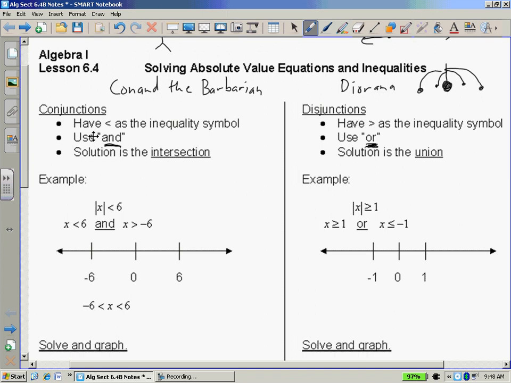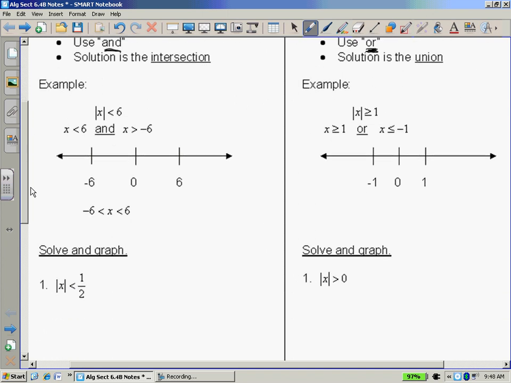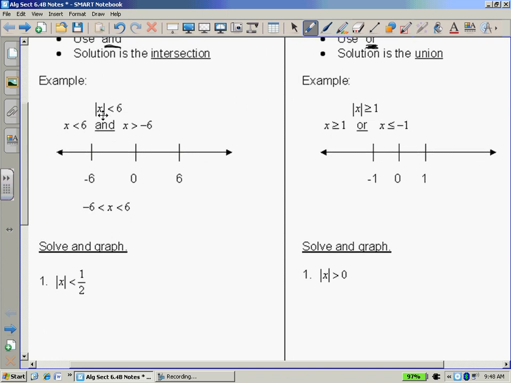Now let's start with the conjunctions here. The absolute value of x is less than 6. When the little alligator here is facing away from the absolute value, this is an AND statement. Well, that's not exactly helpful. So what we're going to do is make the absolute value statement into a little house and turn this into a little alligator.